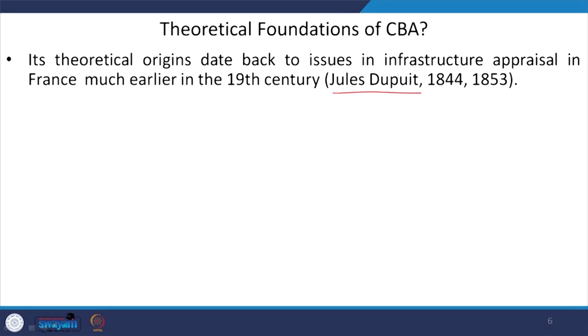When you look for the works of Dupuit, he wrote in 1844 and 1853, and that is broadly related to the issues in infrastructure appraisal in France itself. That is, whether infrastructure projects like highways or different kinds of roads should be constructed or not.